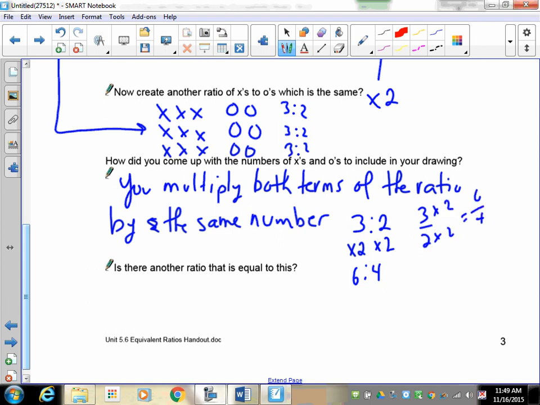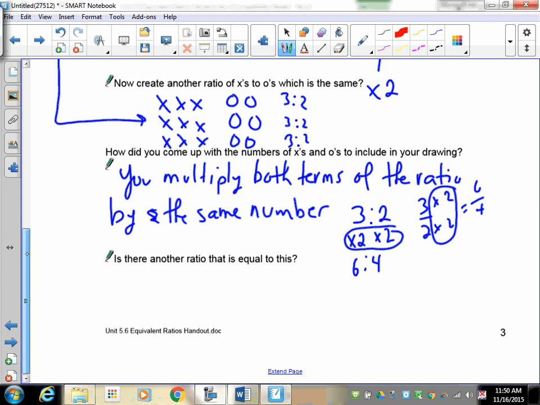So both of these give you the same, I won't say the same thing, but you treat the process the same way. You can create equivalent fractions by multiplying the first and second terms, or the first, second, and third terms by the same number. Is there another ratio that is actually equal to the ones that we created up here? Well, if you multiply by 2, you get 2 of them.